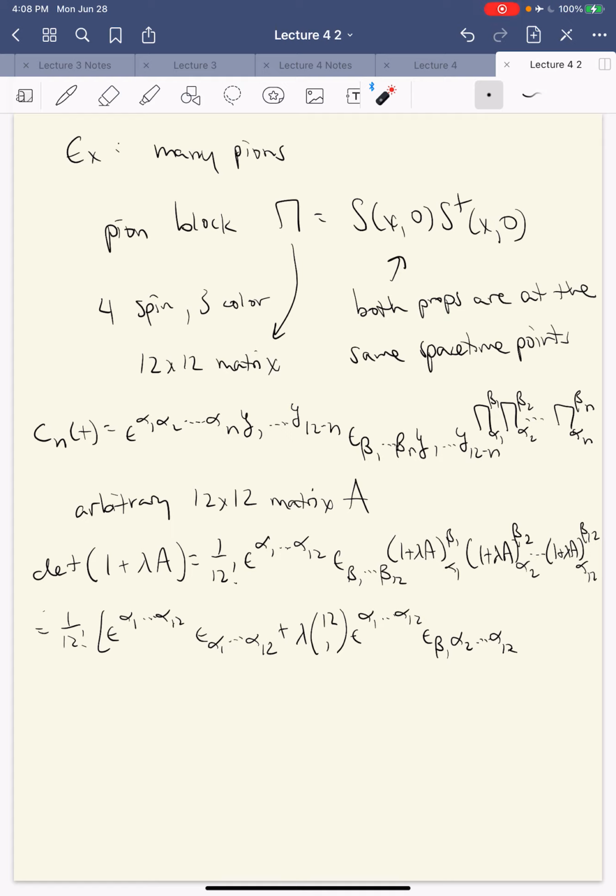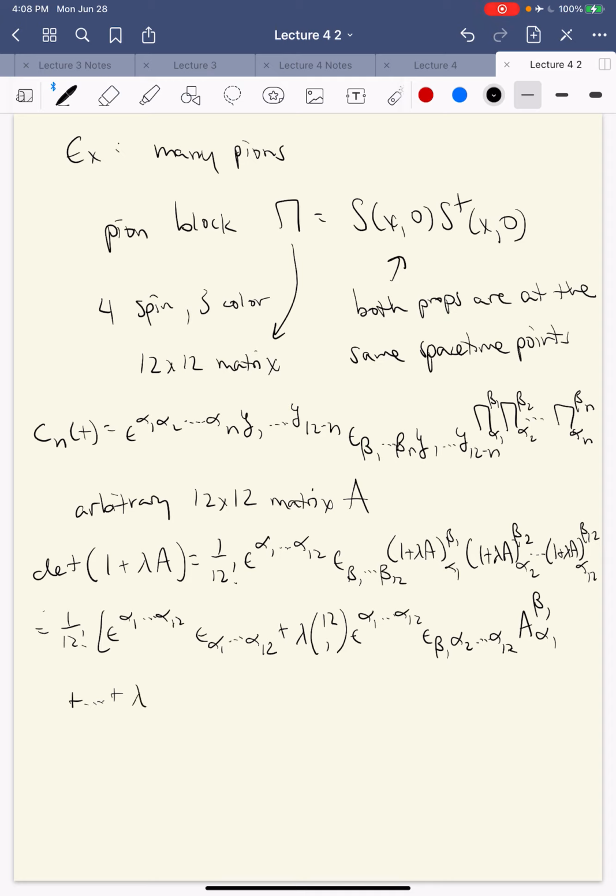And by contracted, I mean summed over with the upper alpha indices. And then we have one power of A as well. And that ties up the remaining alpha and beta. And you can see that this pretty easily generalizes.